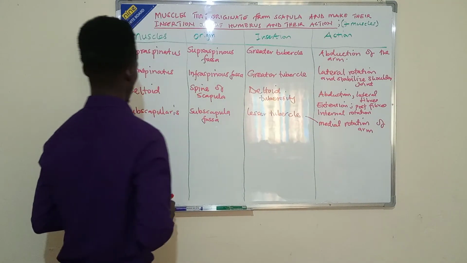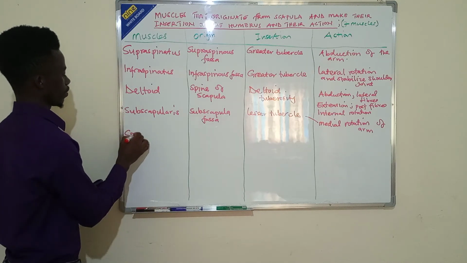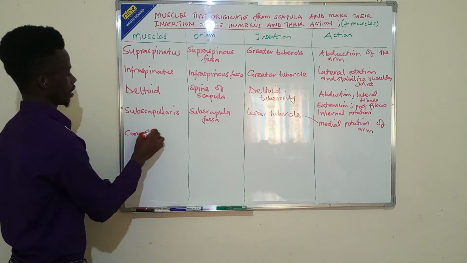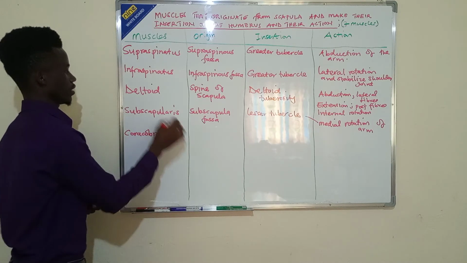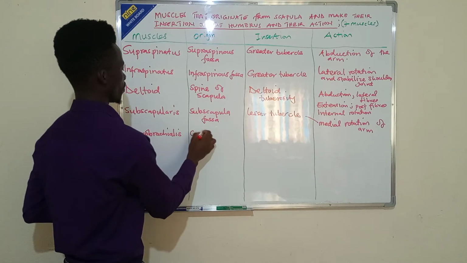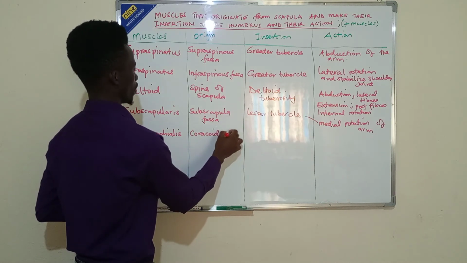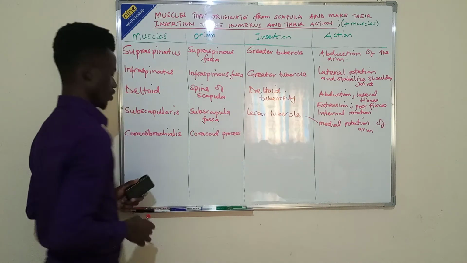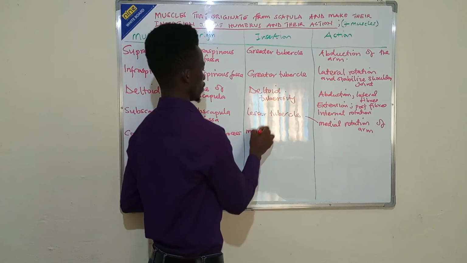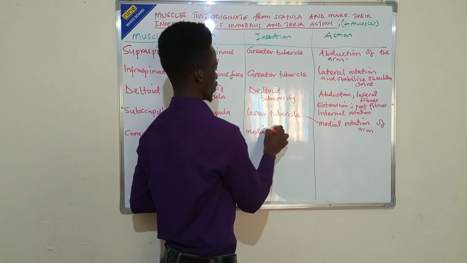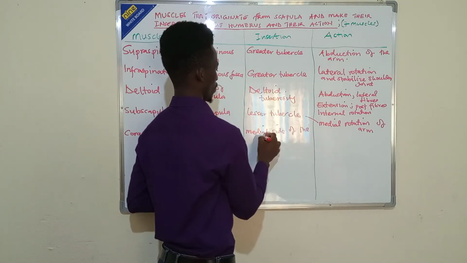Then after that, we have another muscle known as the coracobrachialis. Coracobrachialis originates from the coracoid process of the scapula, and makes its insertion onto the medial side of the humerus.